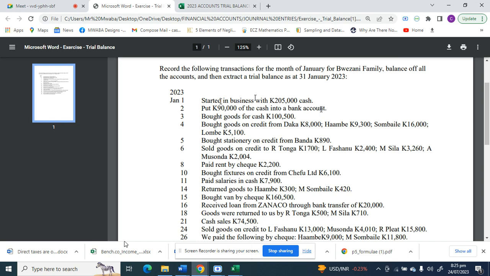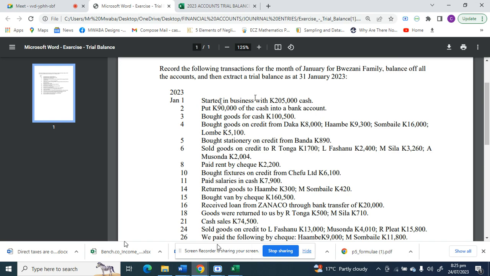So, which one is increasing and which one is decreasing? Or for those who are comfortable, which one is receiving, which one is giving? So the bank account is increasing and the cash account is reducing.